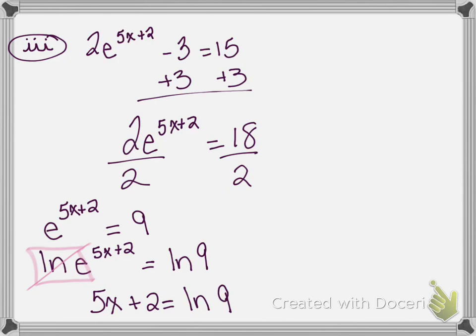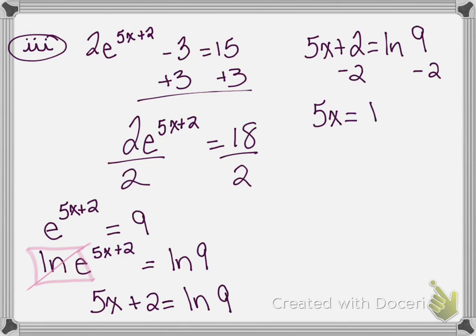So I'm going to go ahead and continue solving for x. 5x plus 2 equals the natural log of 9. I'm going to subtract 2 from both sides. So I've got 5x equals the natural log of 9 minus 2. That stays together.